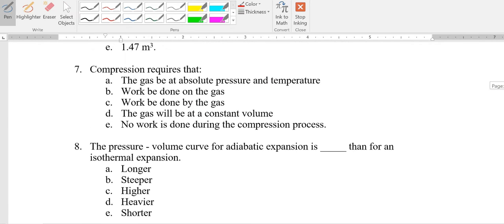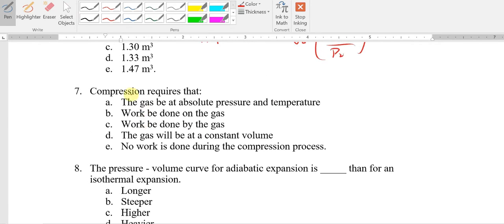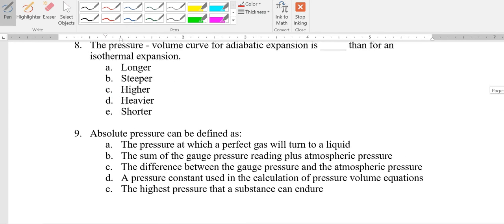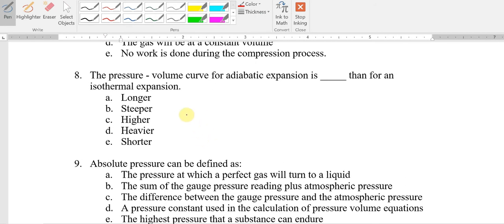Compression requires that work be done not by the gas, that's expansion, but work be done on the gas, that's compression. The pressure volume curve for adiabatic expansion, we talked about this in class. If we're going from expansion, we're going from a small volume to a large volume, from a high pressure to a low pressure, so point 1, 1, 2, 2, and we're doing this.